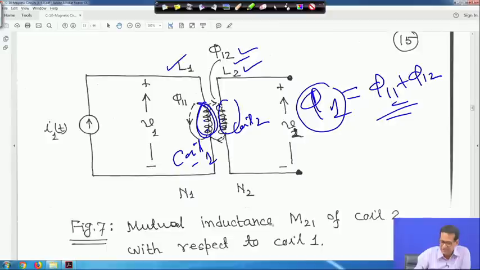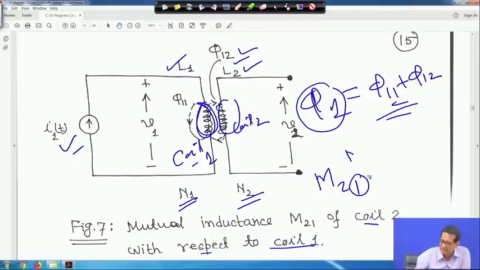The number of turns of coil 1 is N1 and of coil 2 is N2. Mutual inductance M21 means coil 2 with respect to coil 1. When you say M21, it means coil 1 is excited by some current I1, and we are trying to find the mutual inductance M21.